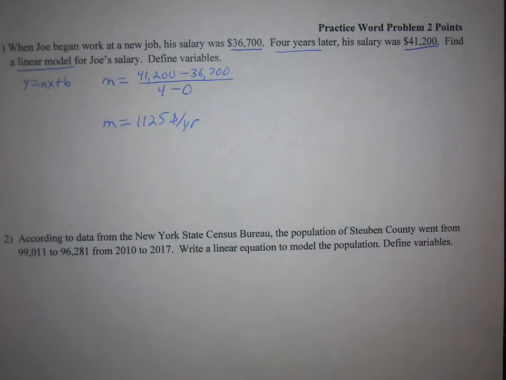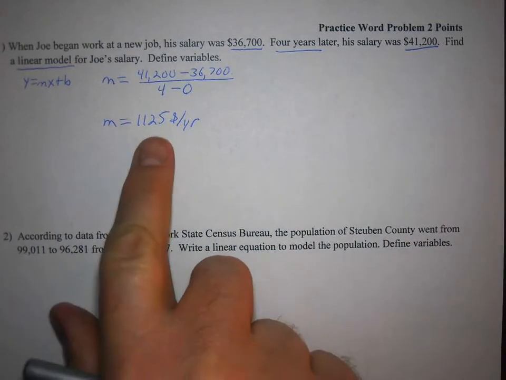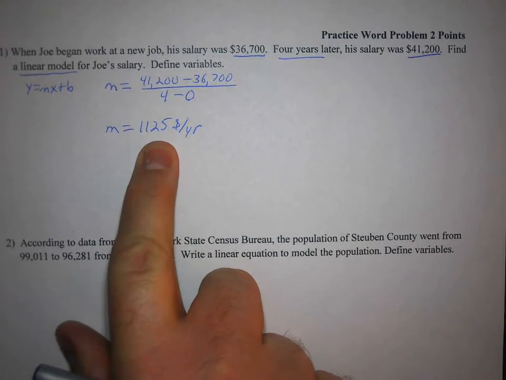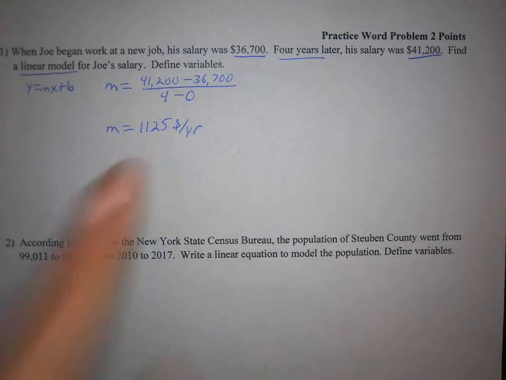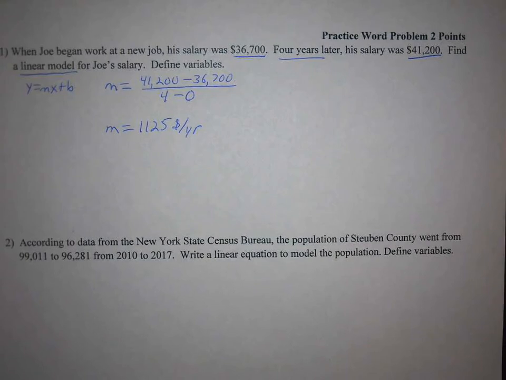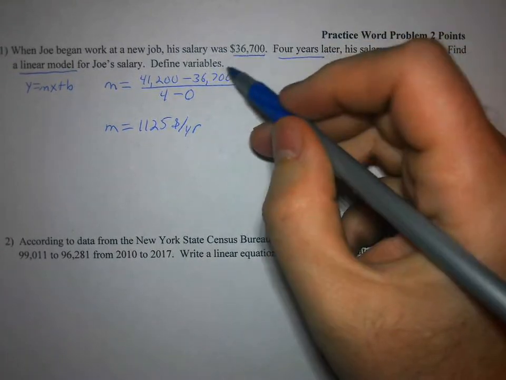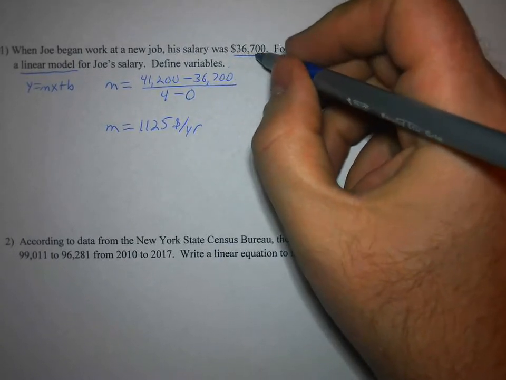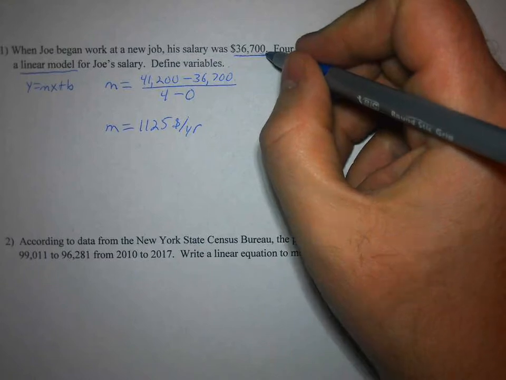So now we want to write the equation of a line. We have the slope. Now we need to find the starting value, or the y-intercept. And this is the essential part of this question. We want to make this as easy as we can. So when we define our variables, you want to look at this 36,700 number.